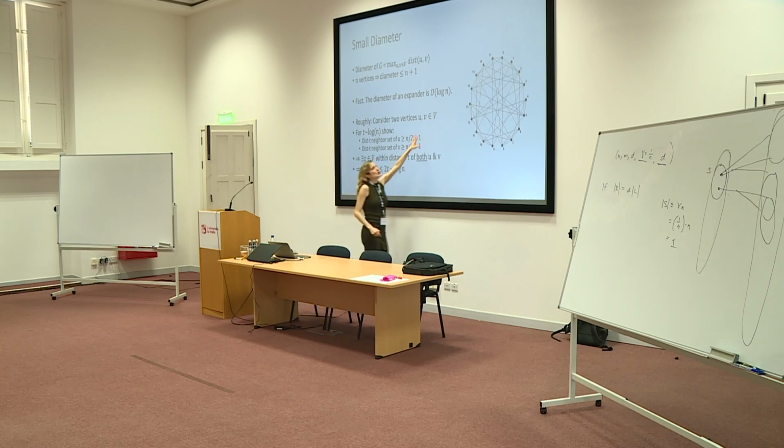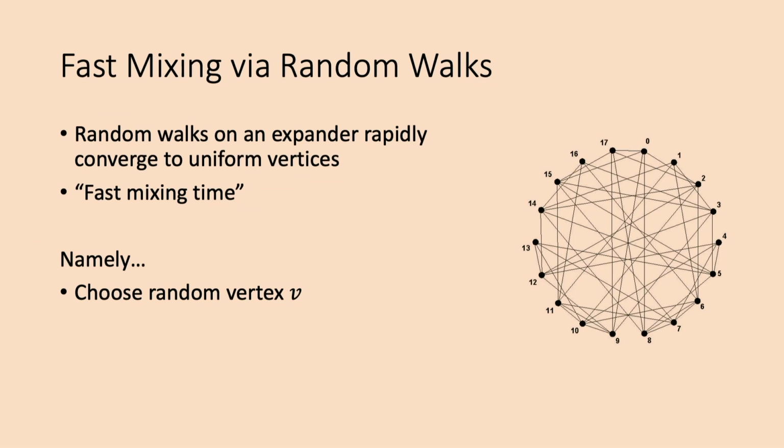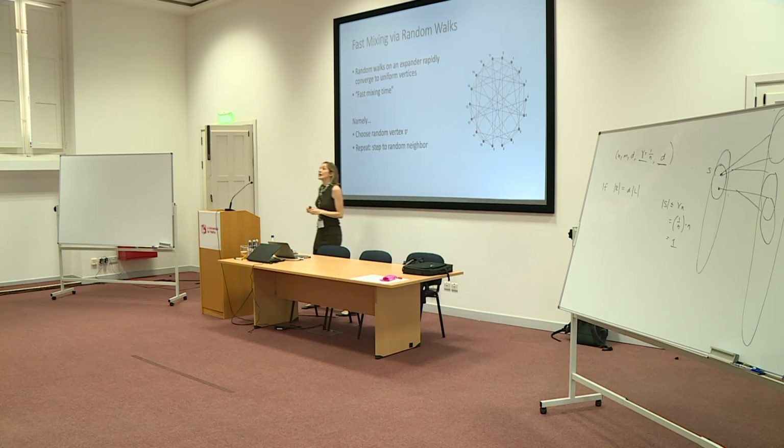Something that's actually quite related to this, and I think one of the really cool properties about expander graphs, is what we call fast mixing via random walks. So the punchline is that suppose I start with a worst case vertex v, any vertex v, and now I start a random walk.